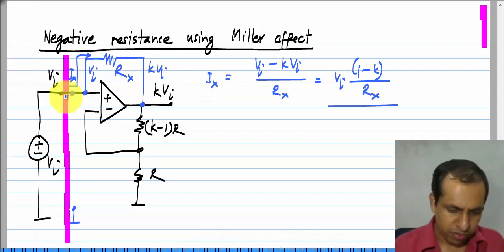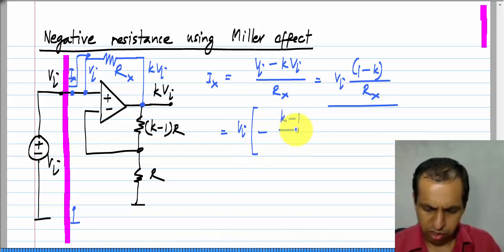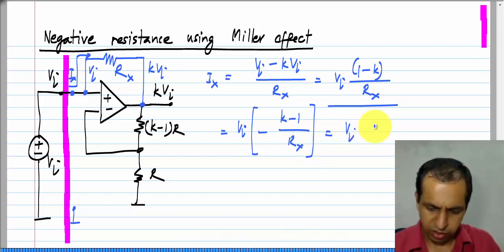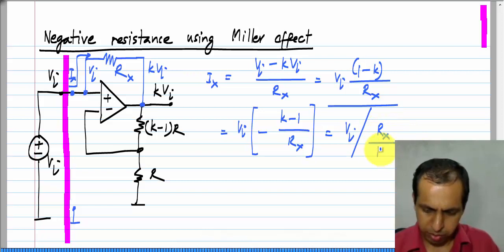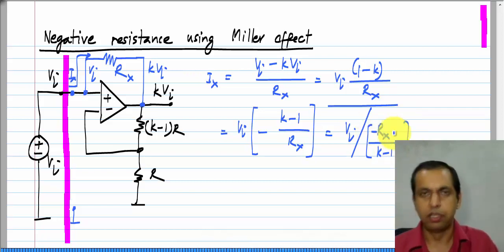So, the current in this direction Ix is Vi times minus k minus 1 by Rx, which is Vi divided by Rx by k minus 1 with a negative sign here. Okay.